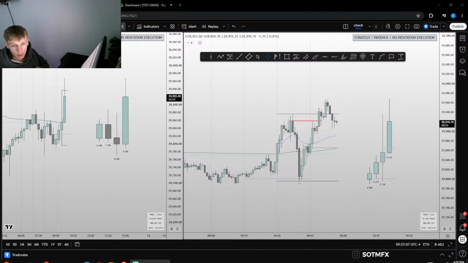Alright, so roughly 3 minutes left until the 1 hour candle close.